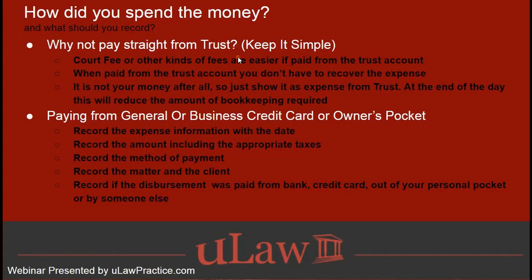For example, a court fee or an application fee, writing a trust check, if possible, is just a fast and easy way where the money is taken out of your trust account and was already accounted for when you accepted that retainer.